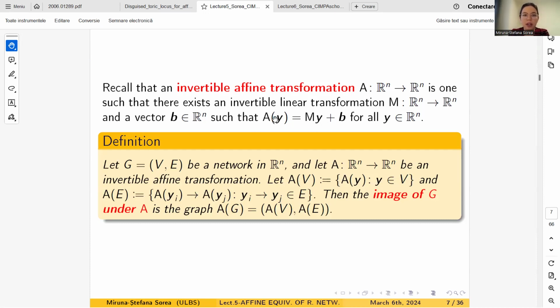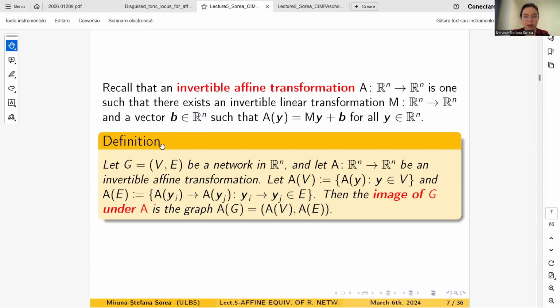How do we define A? We consider an invertible linear transformation M and a vector b, a translation vector in R^n, and A of y is M y plus b. It's the classical notion of invertible affine transformations. And now, what do we call the image of a network by an invertible affine transformation A?